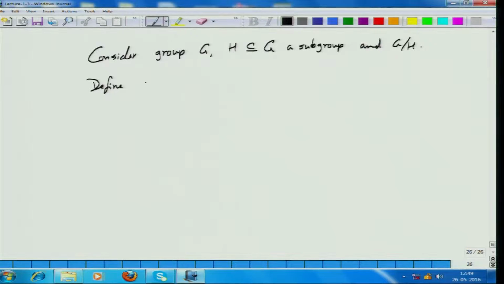Define a map from G to G slash H as phi of A is AH.